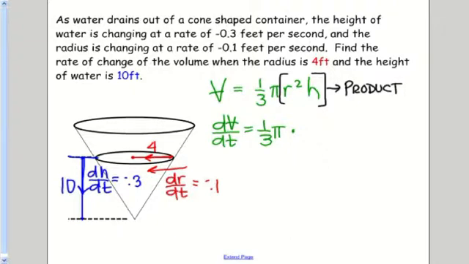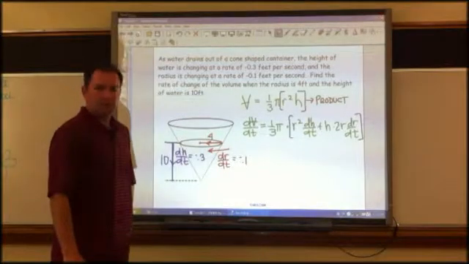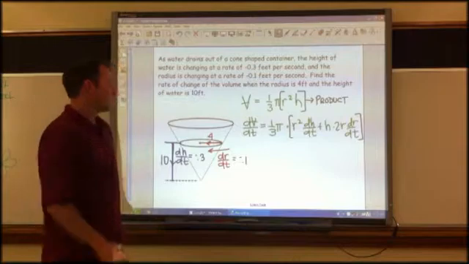So the product rule says that I will have r squared times the derivative of h, which is just dh/dt, plus h times the derivative of r squared, which would be 2r dr/dt. So hopefully that makes sense. Just product rule applied to that thing.